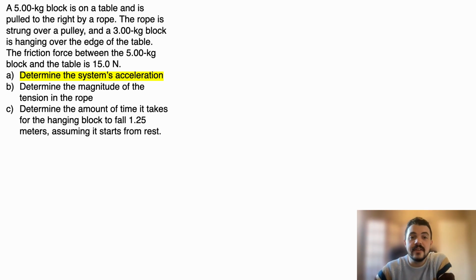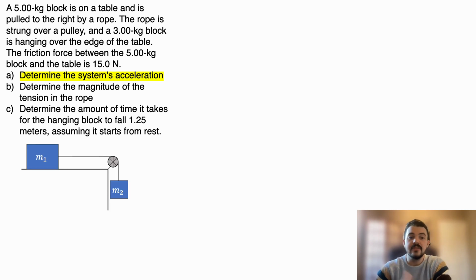As always, when solving problems, the first thing we're going to do is draw a picture. So here is the situation. I've labeled our two blocks with a mass M1 and a mass M2, and then there's the string over the pulley connecting them. Next, we want to define our system. Here we're finding the acceleration of the whole system, so we're going to choose both blocks and the rope that's attaching them.